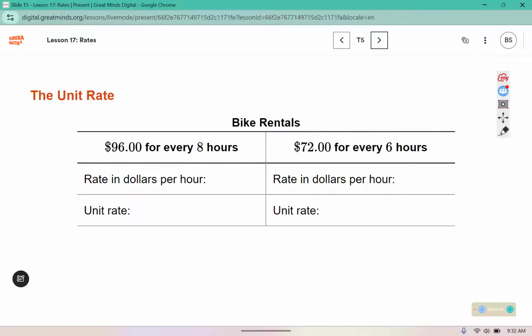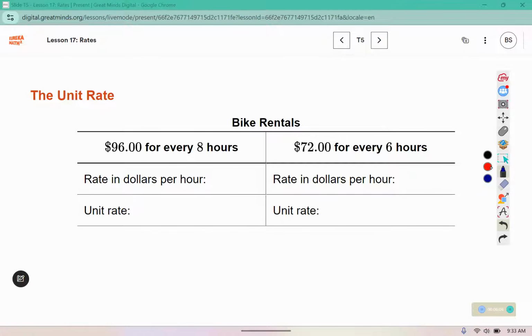All right. Here we are looking at the unit rate. For bike rentals, we have $96 every 8 hours. So our goal is to find the rate in dollars per hour and then the unit rate. To find the rate in dollars per hour, we want to change this to be 1 hour.